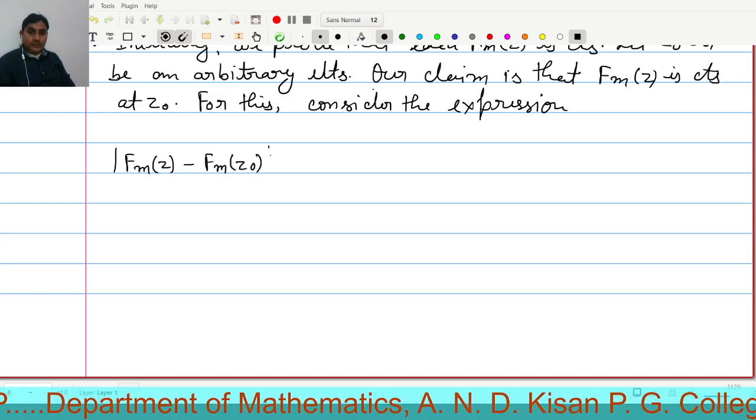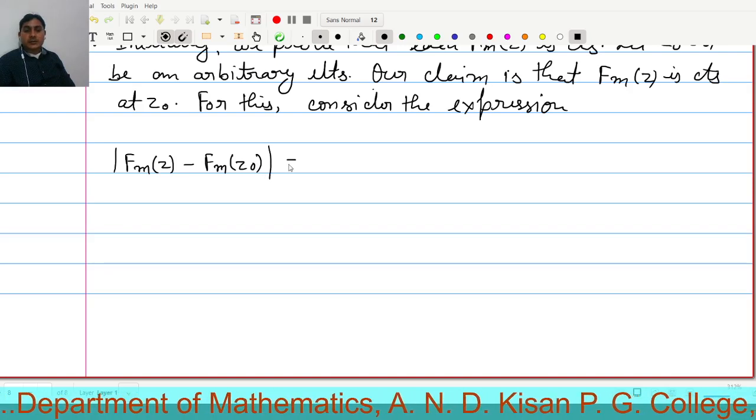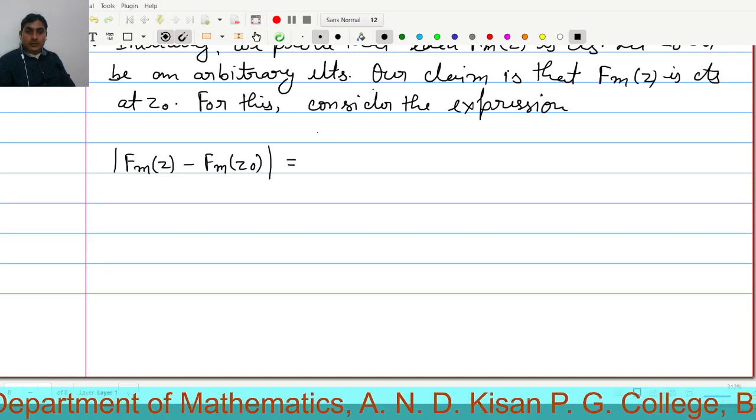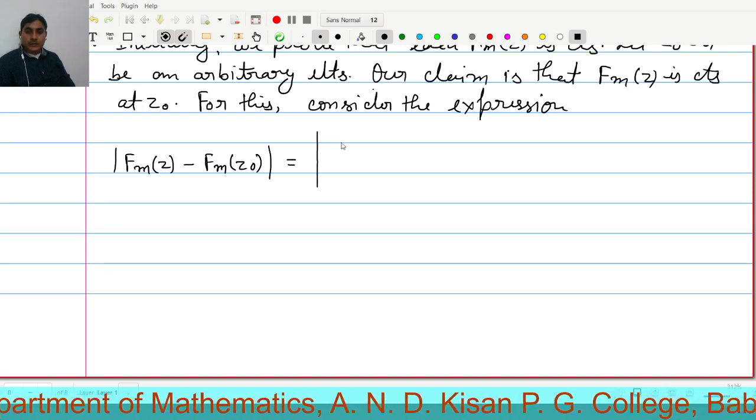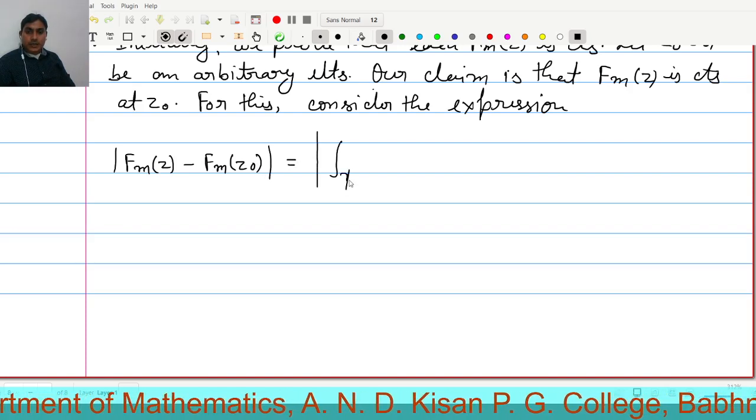All right, so by definition of F_m, you have mod of integral over gamma.